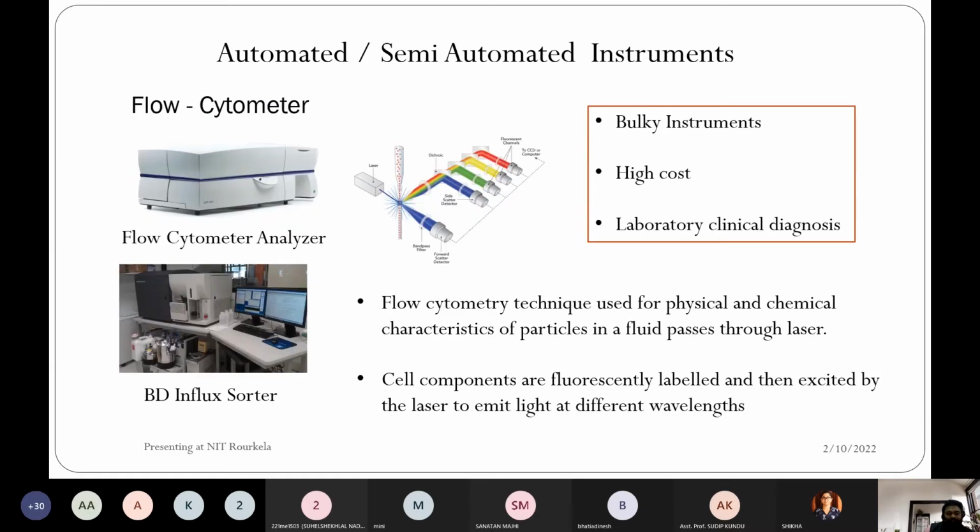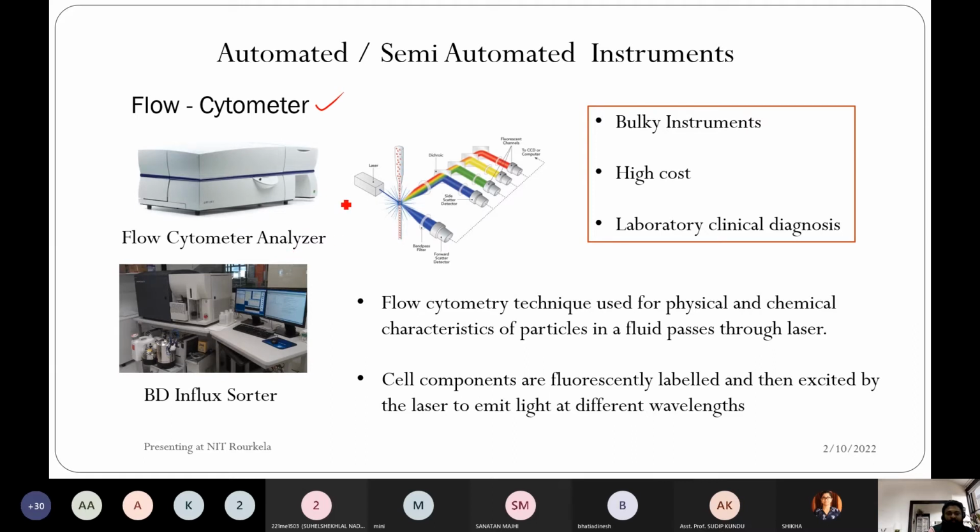Some more instruments are there, like flow cytometry. Initially we talked about the flow cytometer, the instrument, while flow cytometry is the field.